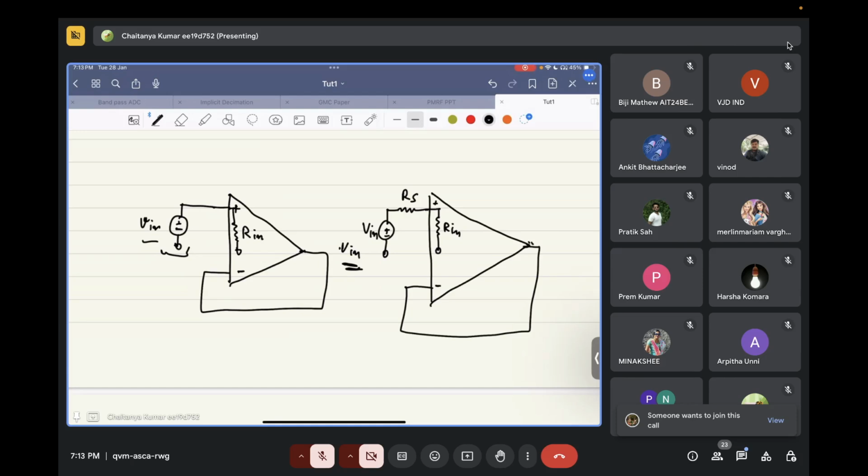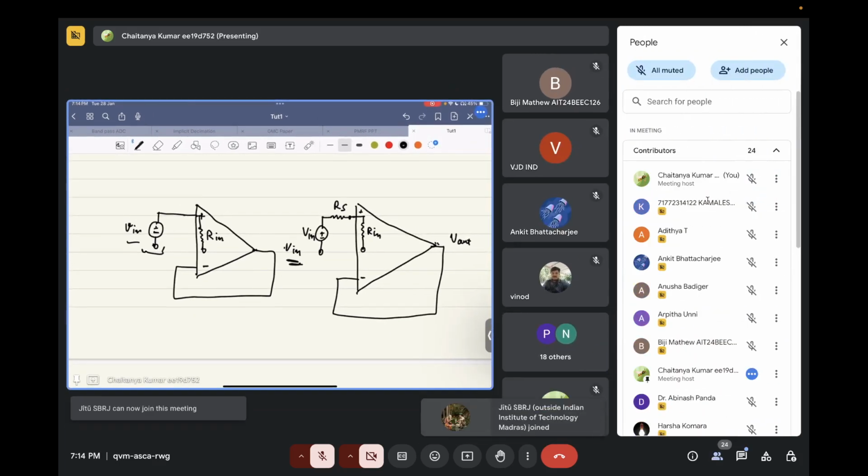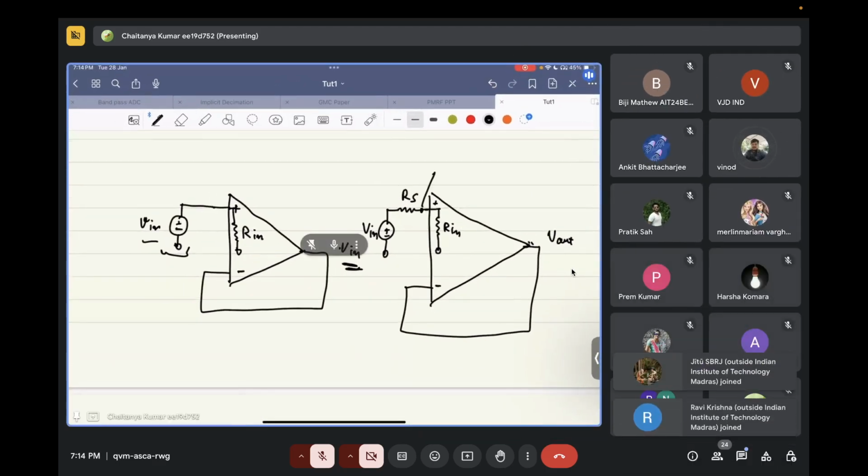In this case, what will be my output now? What will be this voltage?